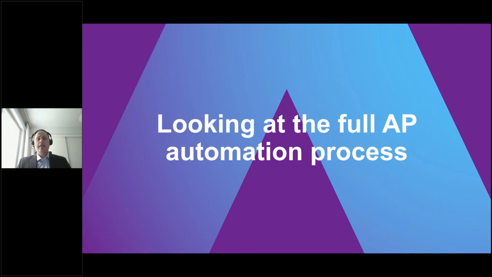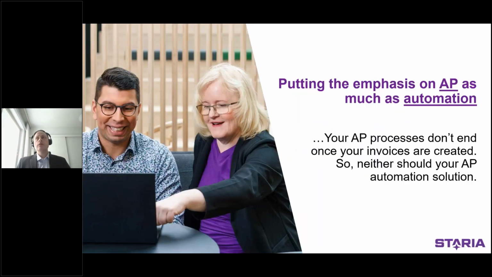Basically, we have discussed with many of our customers that you should put emphasis on accounts payable as much as the automation, since in order for you to automate your AP, you really need to understand what AP is all about and recognize the impact of manual entries and processes and what kind of impact those will have across the entire business. So in this presentation we will walk you through what AP is all about at a general level, rather than fully jumping to the automation side.